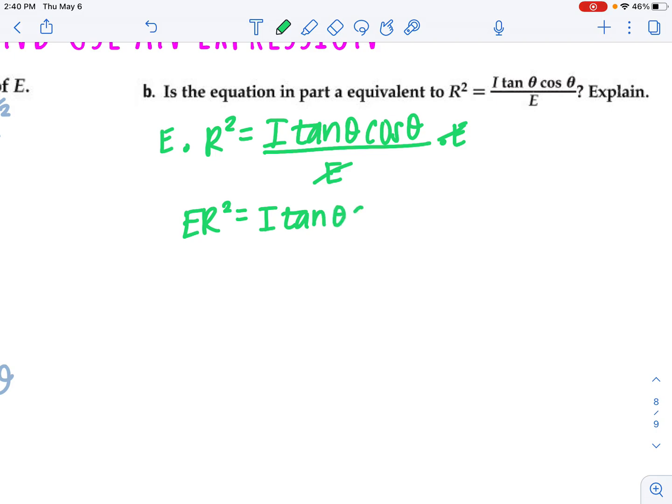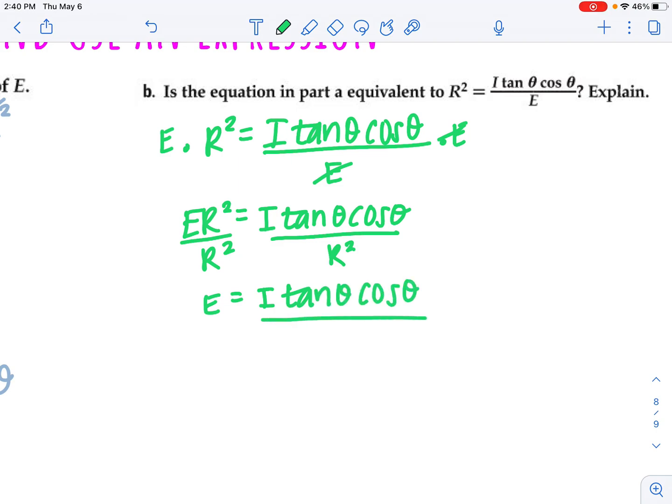So we have ER squared equals I tangent of theta cosine of theta. Then we want to divide by R squared. So we have E equals I tangent of theta cosine of theta over R squared.